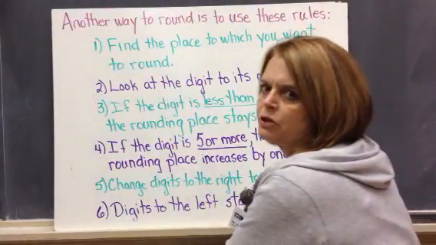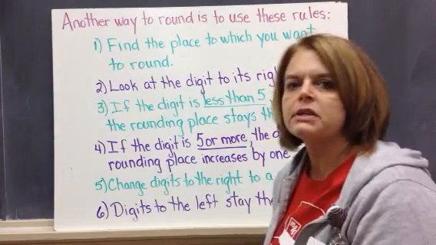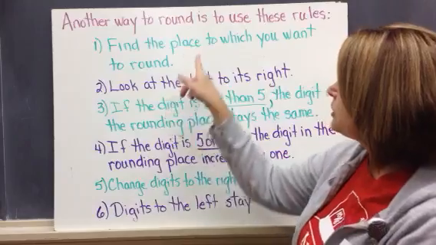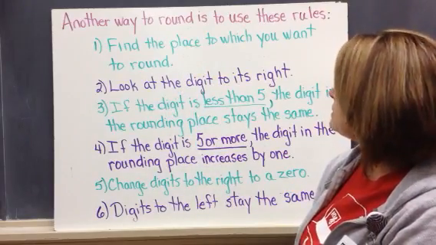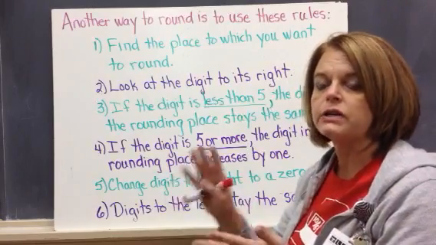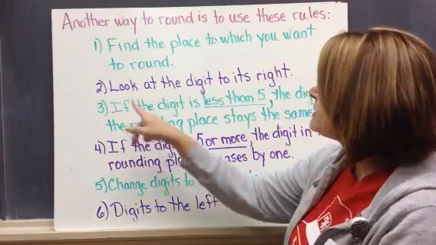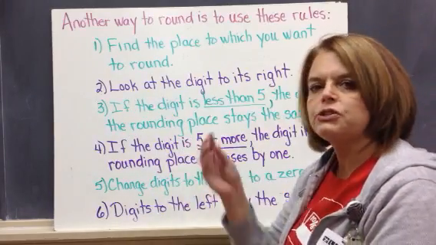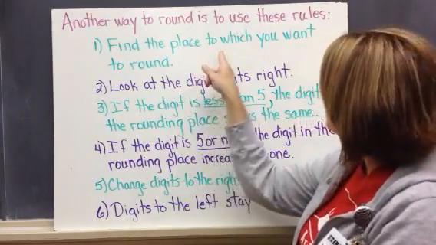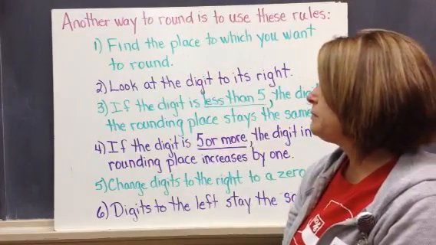Another way, and the way that we'll use most of the time in class and that you'll use in school, is to use the following rules. First, find the place to which you want to round. Are you going to round to the tens, the hundreds, the thousands? What place are you going to round to? Second, look at the digit to its right. Once you find that number in the place, you're going to look at the digit to its right.